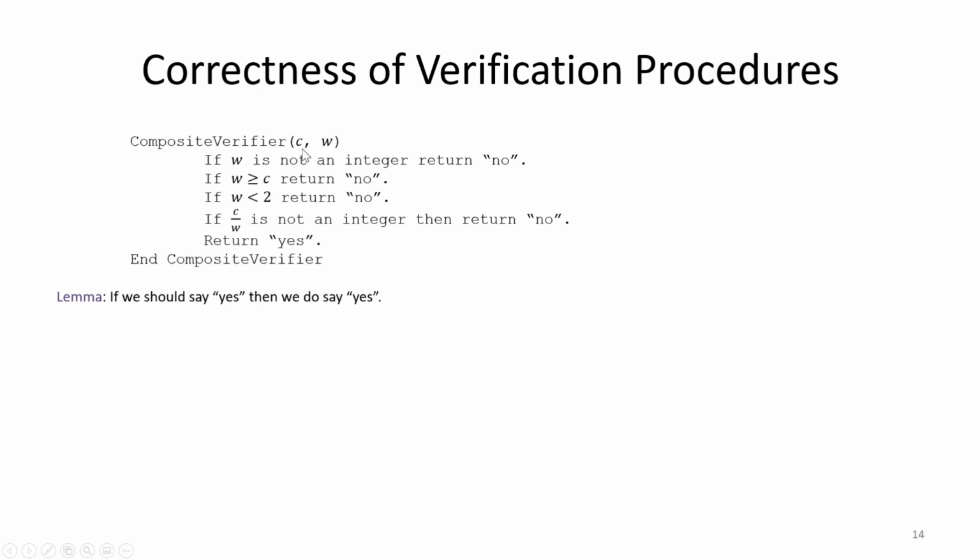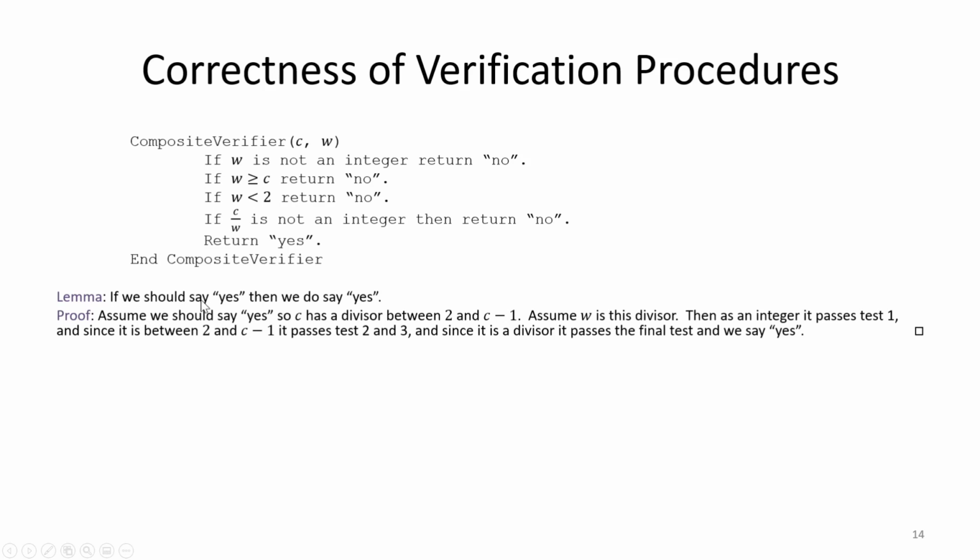Well, if we know it's a composite, there must be a factor. Not just any old factor, but a factor that's an integer, that's in the correct range, and that divides our composite number. So if we actually are given the factor by our prover, Merlin, whoever it might be, then it should get past all of our tests and get to the end. So that's the argument we're trying to make here.